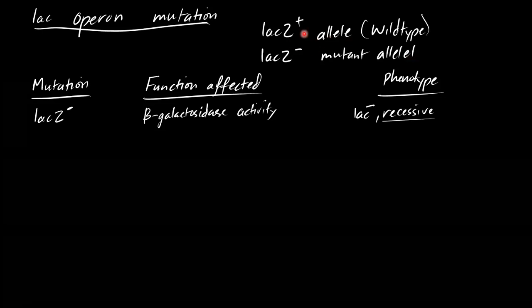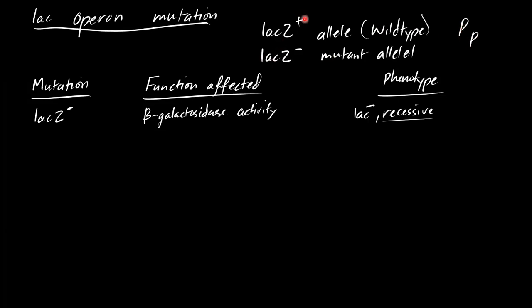Just like when you learned about recessive and dominant alleles in the chapter about Mendel's work, for example, in pea plants, we have a dominant capital letter and a small letter for recessive alleles. Here, we do not use capital and small letters, we use just positive, negative, or superscript letters or symbols.